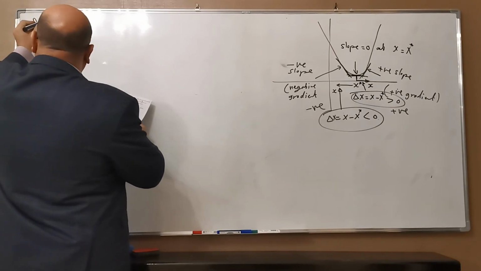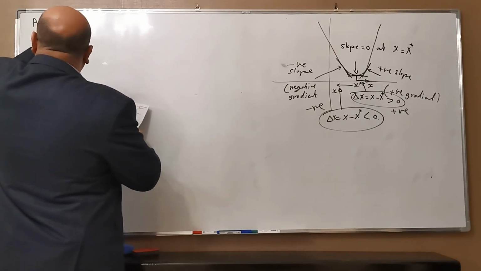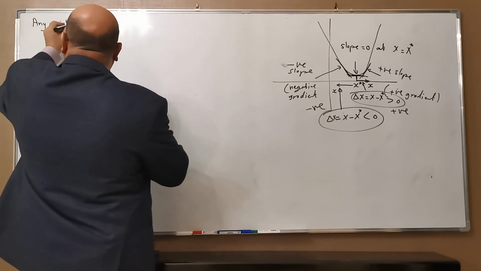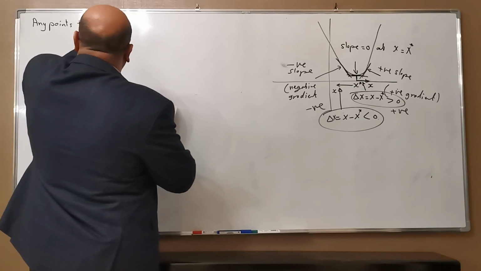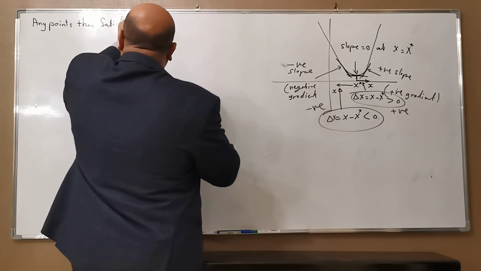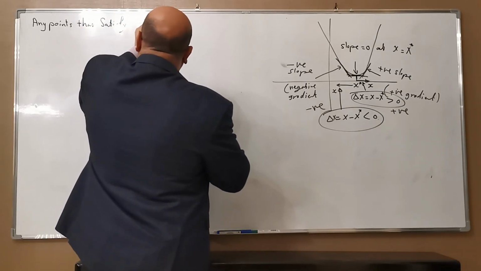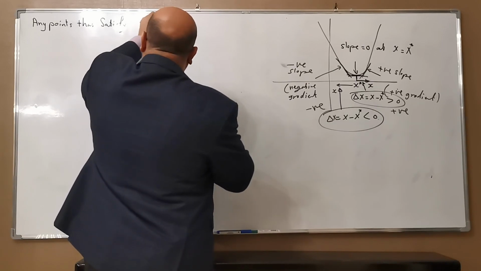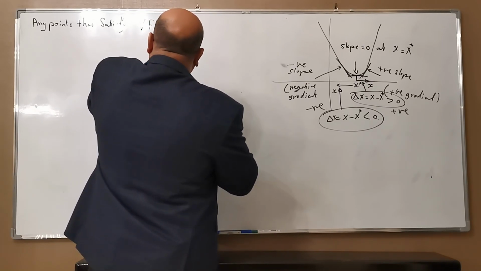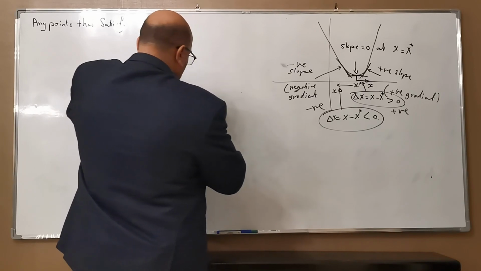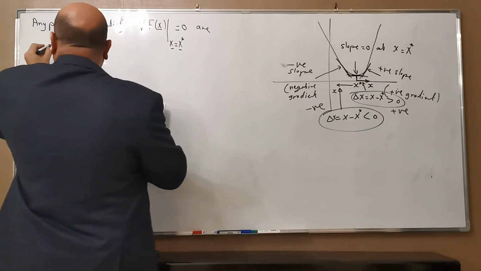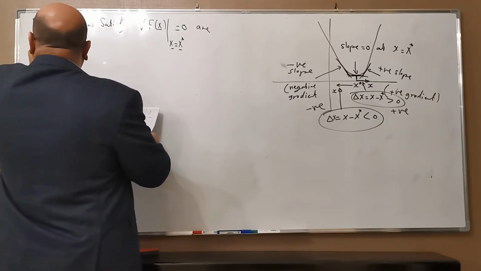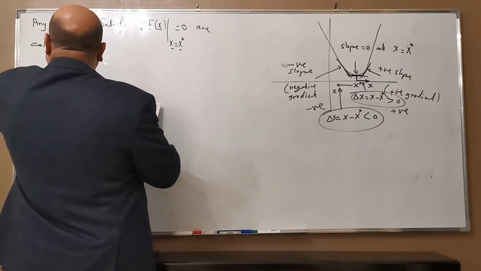Any point or any points that satisfy the gradient of f of x at x equals x star equals 0 are called stationary points.